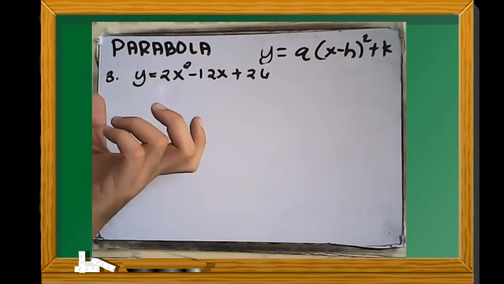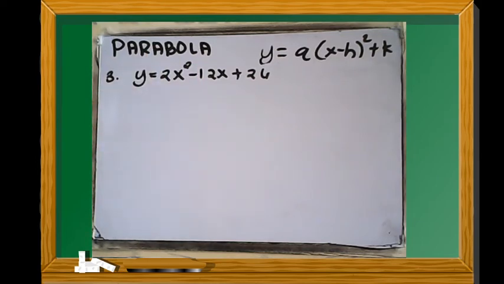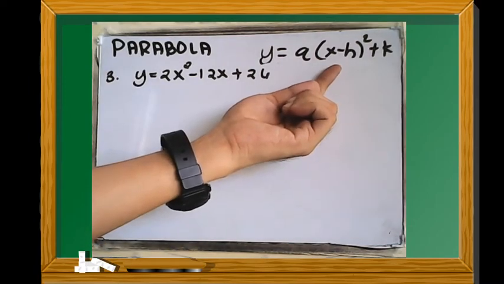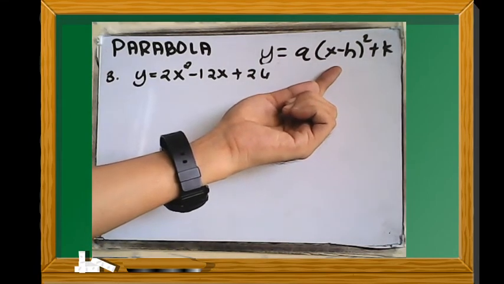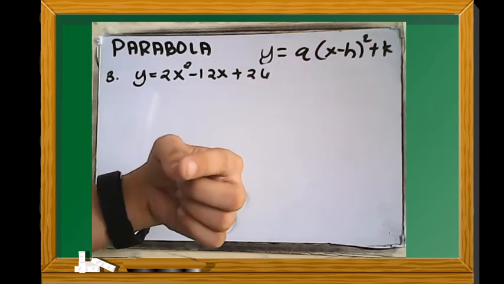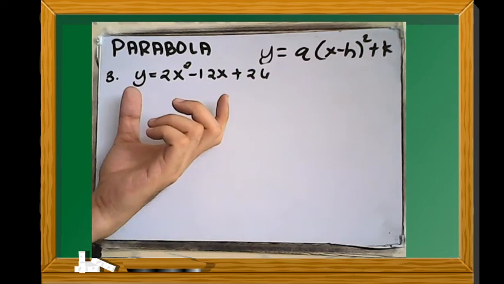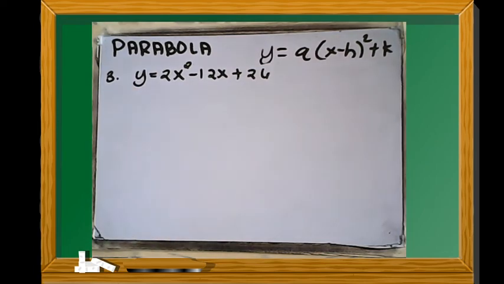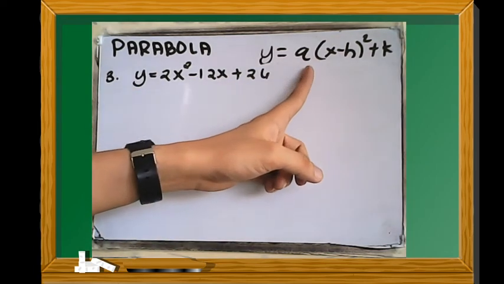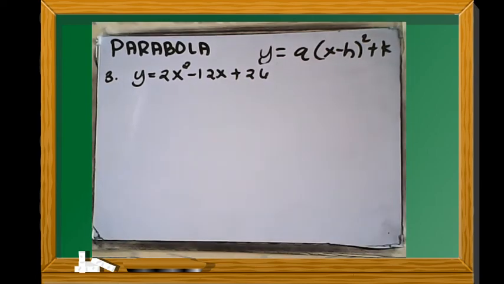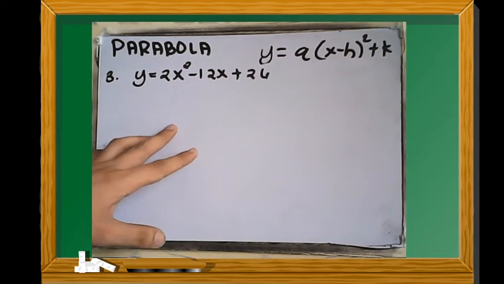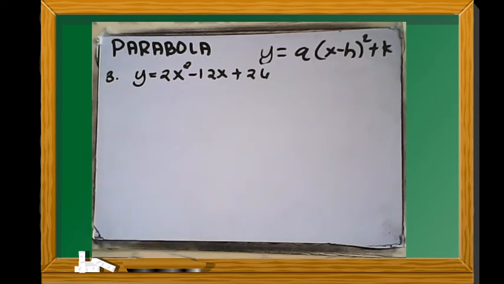So actually there are different methods on how to translate it to this form. Or I think we can translate it in other way to identify the vertex. But if we are going to find the vertex, so maybe hindi natin makikita yung A. Magkakaroon tayo ng difference sa A if we use another method, kung ang concern lang natin is to find the vertex and the axis of symmetry.